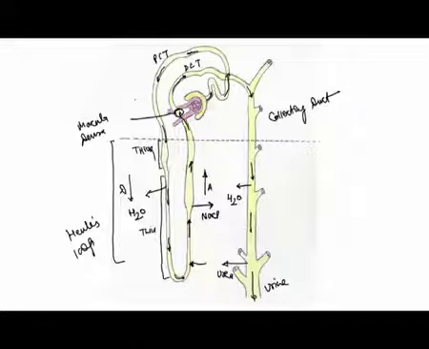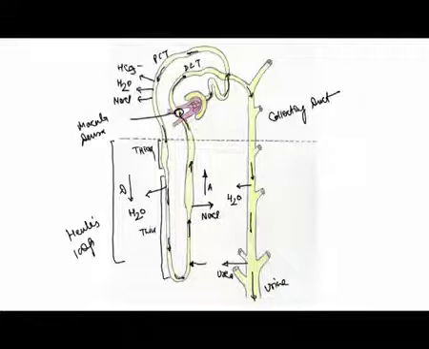While in the proximal convoluted tubule, we have absorption of water, then salt, and then bicarbonate ions, while there are also secretions here, and these secretions mainly comprise H plus, K plus and ammonia.